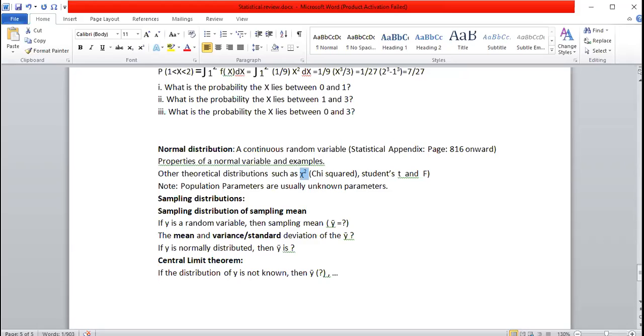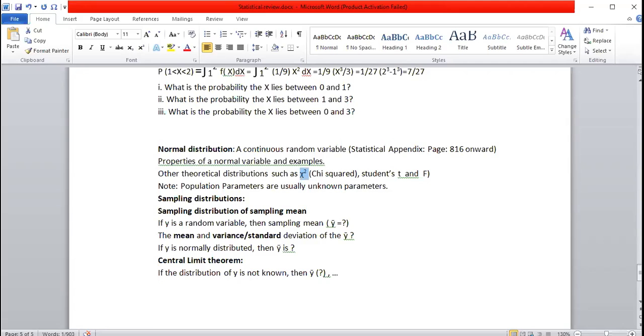Because it's a square, can it be negative? No. 0 to positive infinity. Exactly, now you are thinking in the right direction. Chi-square values start from 0 and go all the way to positive infinity.